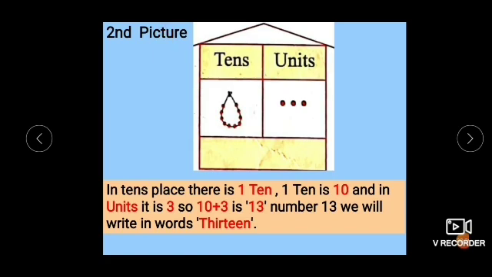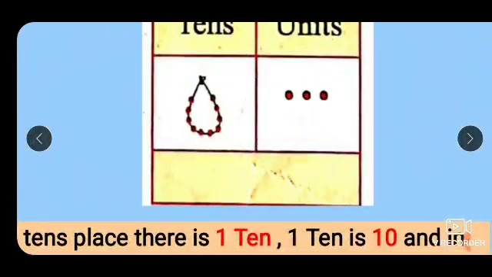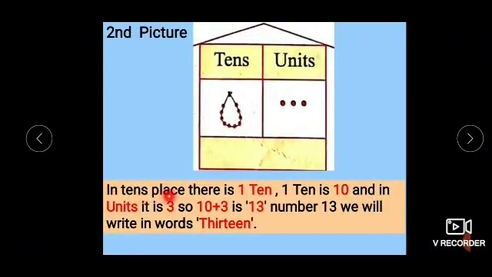In the second picture, how many tens are there? 1. And in units, 1, 2, 3. In the tens place there is 1 ten. 1 ten is 10. And in units it is 3.